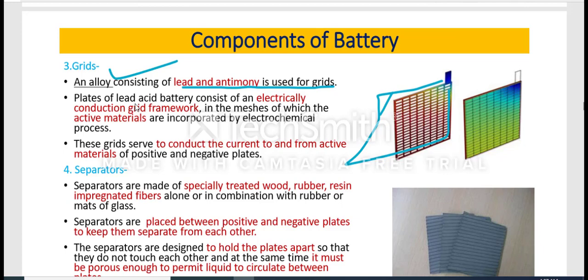Plates of a lead acid battery consist of an electrically conducting grid framework in mesh form, into which active material is incorporated by an electrochemical process. These grids serve to conduct the current to and from the active materials of the positive and negative plates. So this mesh type of grids are there in positive and negative plates.